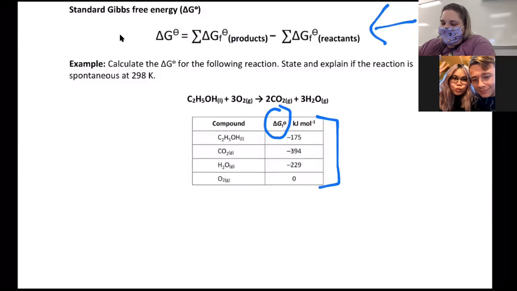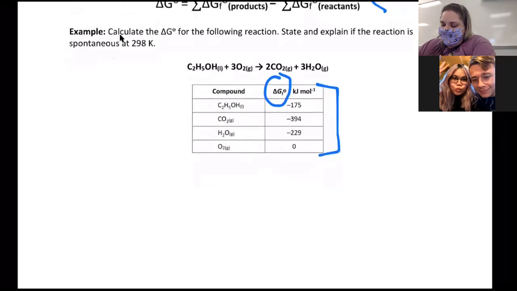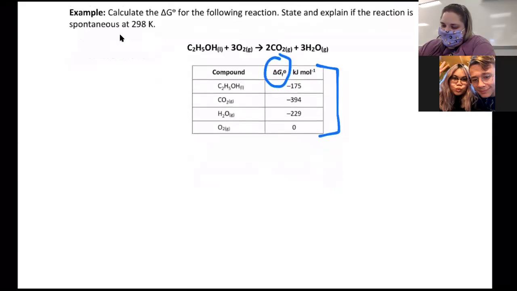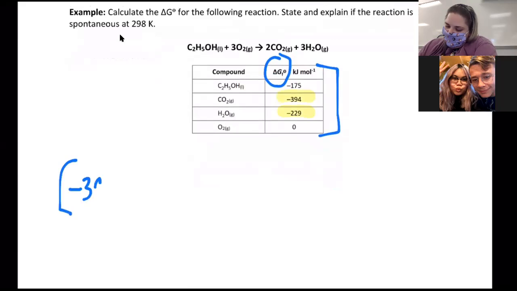Okay, so on this one, if I wanted to calculate delta G, my products are going to be carbon dioxide and water. So over here, I would start with negative 394, but it needs to be multiplied by, let me erase this and start over.